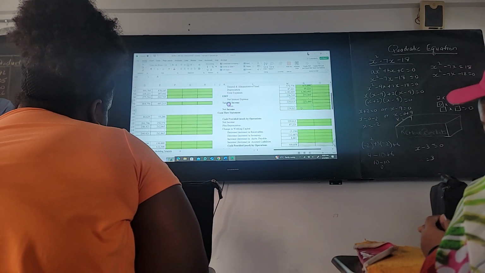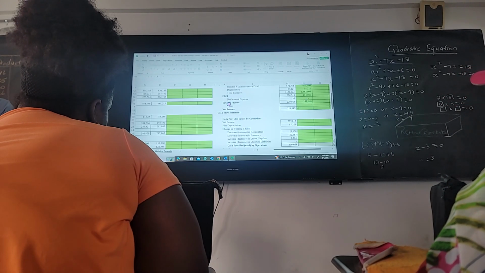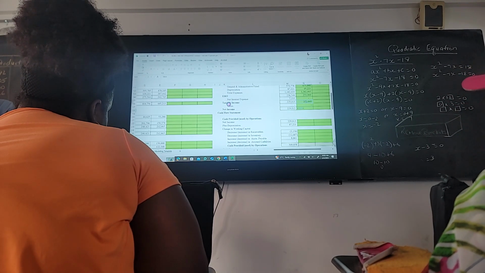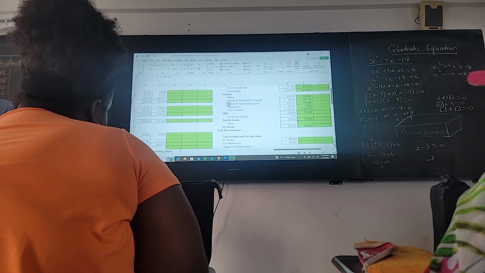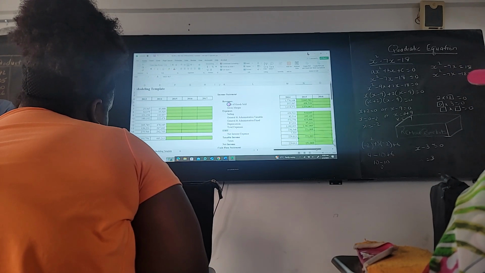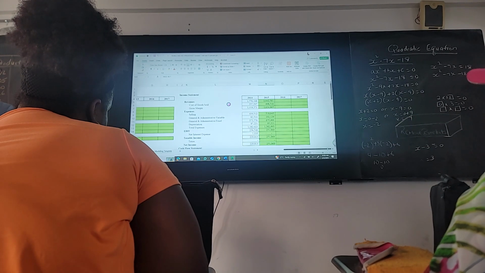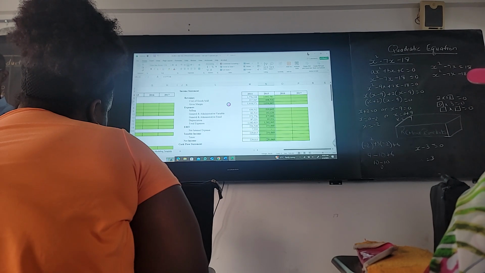So what's your net income? EBIT minus your taxes. And if you've done your spreadsheet properly, you should really be able to just copy this across and get the forecast.